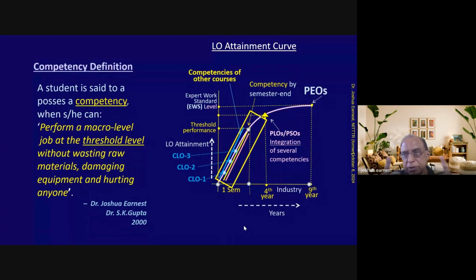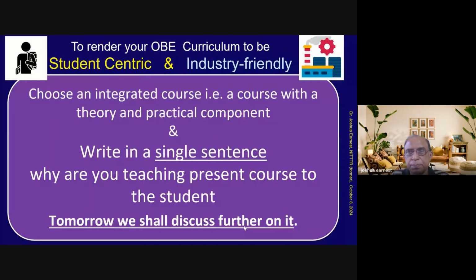This picture gives you an overall picture of how the competencies, PSOs and the PEOs are developed and their relationships. That's why I said you will not get all these things on the internet. These are the things which we have developed over the years for the Indian technical education system especially.